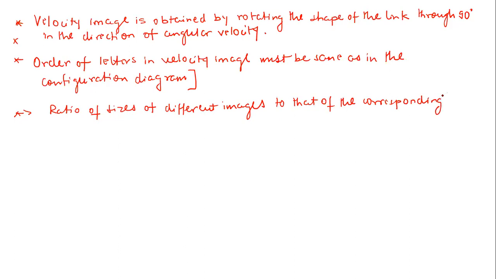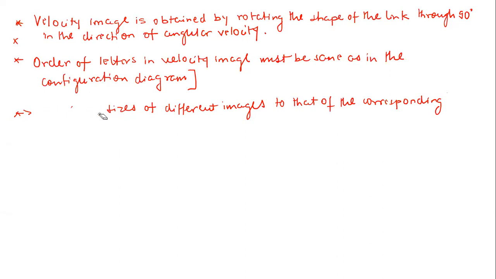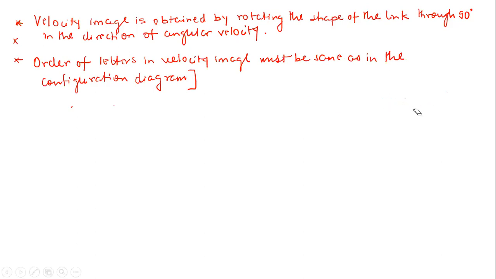This point is not that important, so leave it. About two points are fine. This point is simply trying to say that you can have n number of velocity images in a diagram, and the lengths of these sides BC, BF should not be equal. They will be in some ratio, but they will never be equal. So just remember these two points. These two points I think are sufficient.